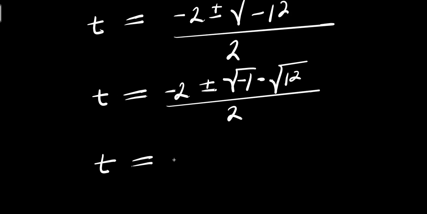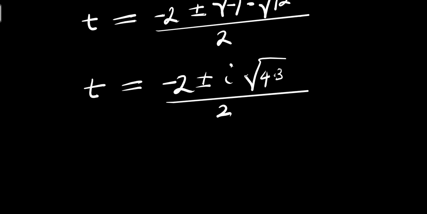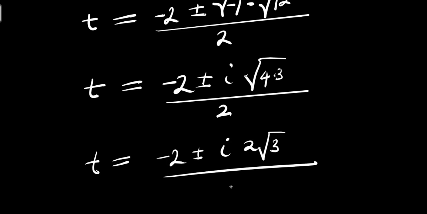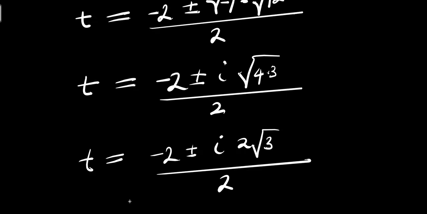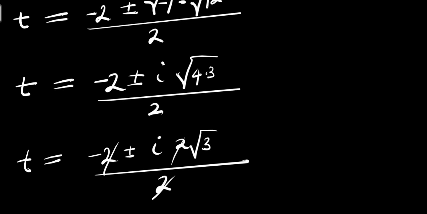So from here I have t equals negative 2 plus or minus square root of negative 1 is i, times square root of 12, that is 4 times 3, divided by 2. So from here I have t equals negative 2 plus or minus i times square root of 4, that is 2, we have root 3 there, divided by 2. 2 eliminates 2 here. We have t equals negative 1 plus or minus i root 3.